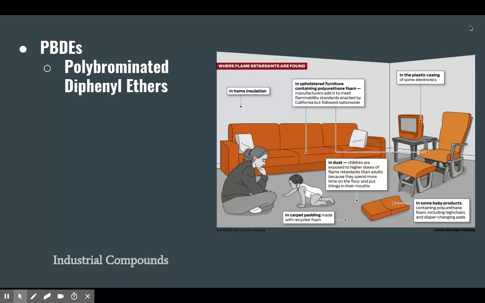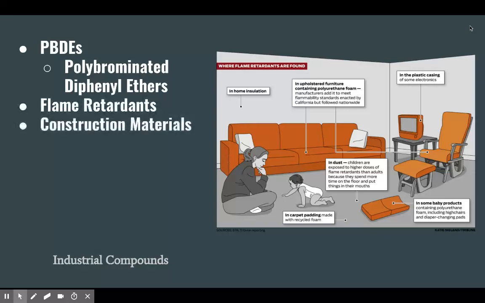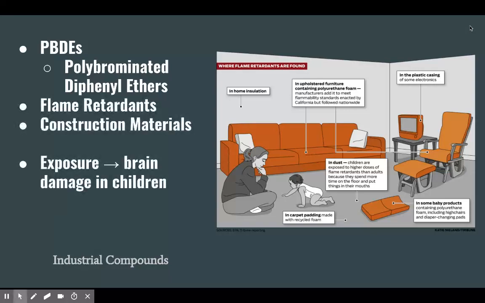The problem is that since the 1990s, scientists have been starting to detect PBDEs in some unexpected places. This includes fish, aquatic birds, and even human breast milk. What we're starting to learn now is that exposure to some of these can lead to brain damage, especially in children. So this has led to the European Union and even several states like Washington and Oregon to start to ban manufacturing of several types of these PBDEs.